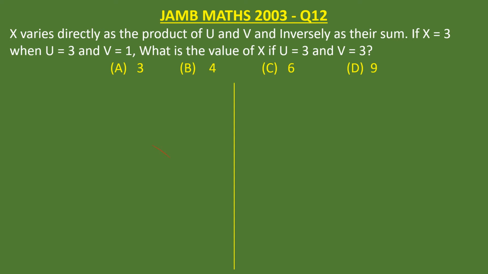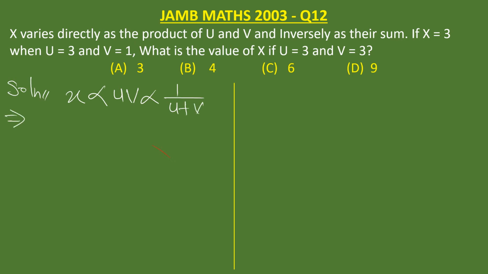So let's proceed. It says solution. The question says x varies directly as the product of u and v, that is u times v, and inversely as their sum. Their sum means u plus v.